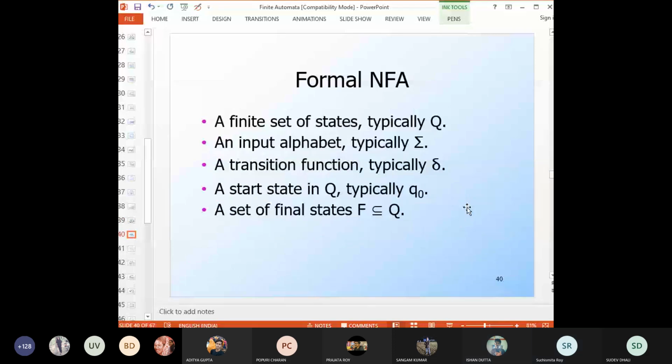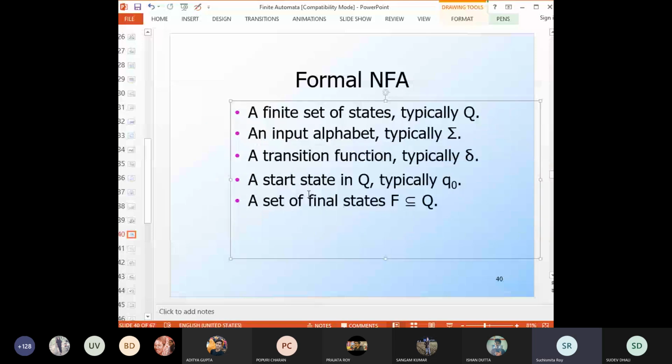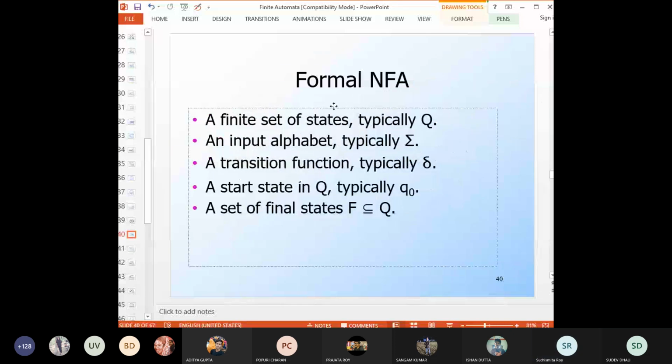No, ma'am. Okay, so then the formal definition of a non-deterministic finite automata is almost the same as before. So Q is the same.